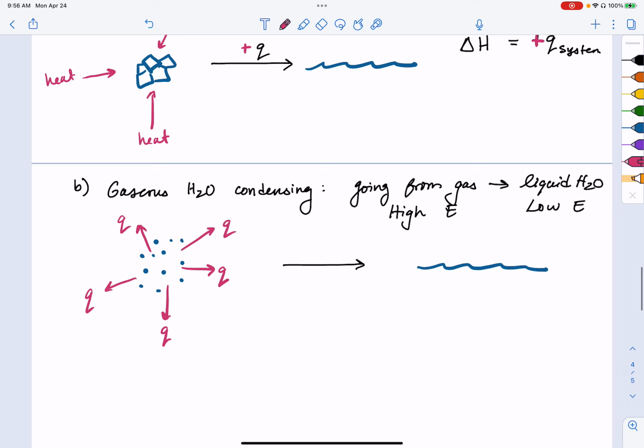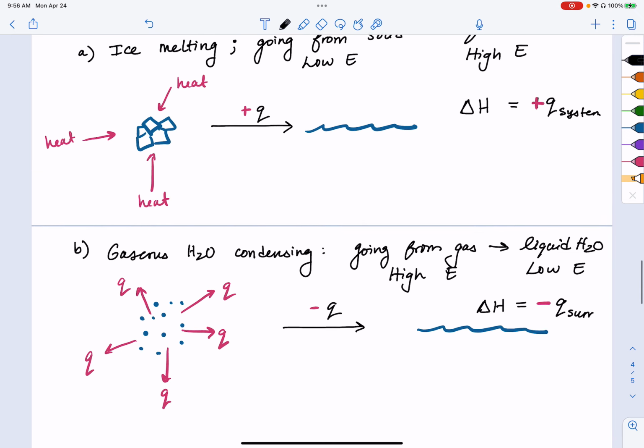So instead of absorbing heat, we are going to see that heat is released by the system. And so the enthalpy of this process is going to be the amount of heat that is released to the surroundings. So the amount of heat that is lost to the surroundings.